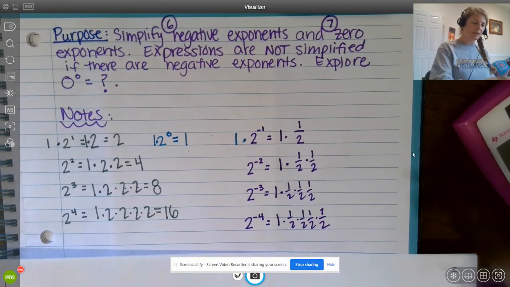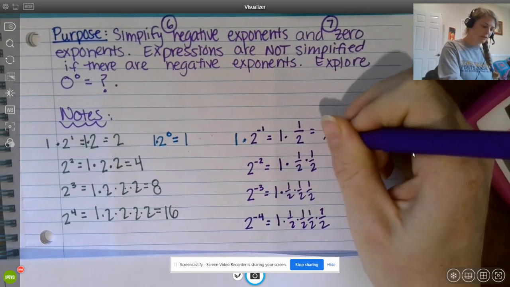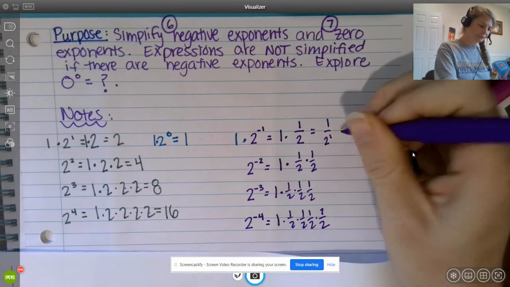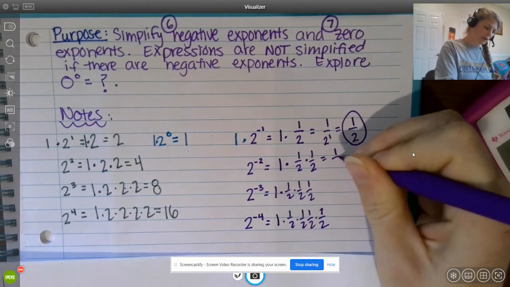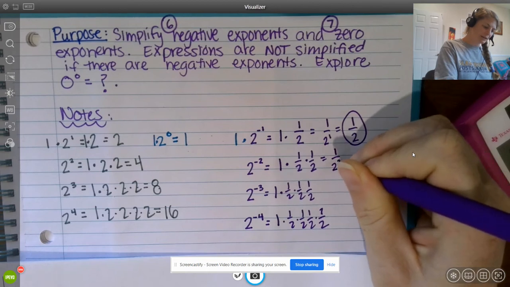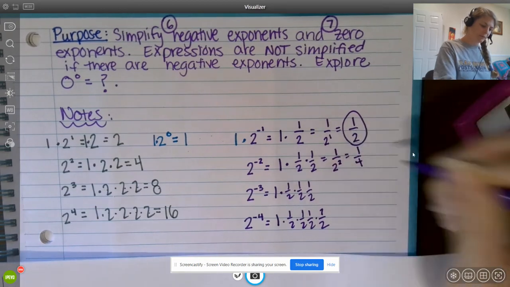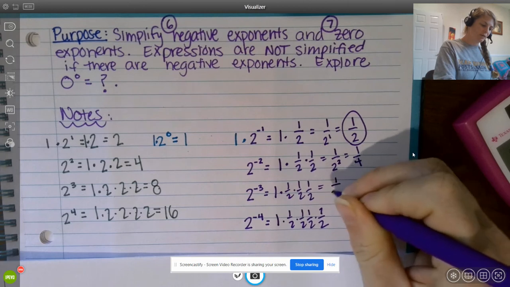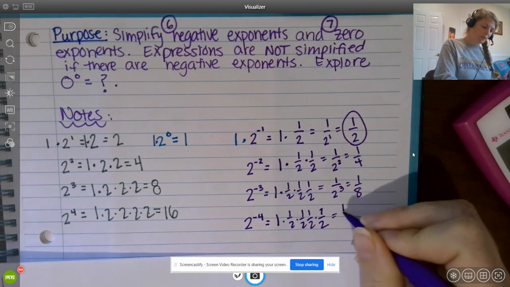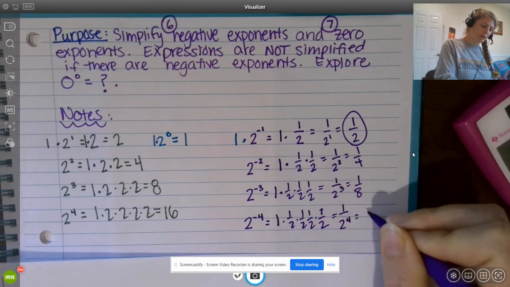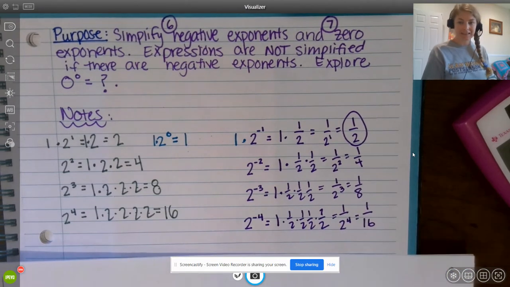So of course, we can think about this as 1 over 2 to the first power, which is 1/2. We can think about this as 1 over 2 to the second power, which is 1/4. This is 1 over 2 to the third power, which is 1/8. And 1 over 2 to the fourth power, which is 1/16.